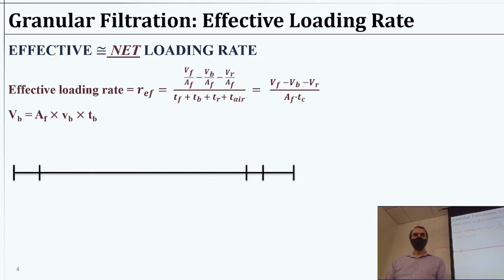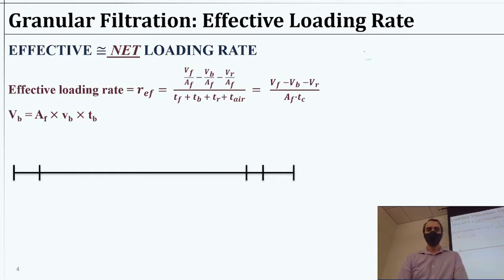But the effective loading rate is really talking about, for a given cycle, like across a full cycle time, what is our loading rate? So instead of just while we're adding water to the filter, like we measured, that's our VA.